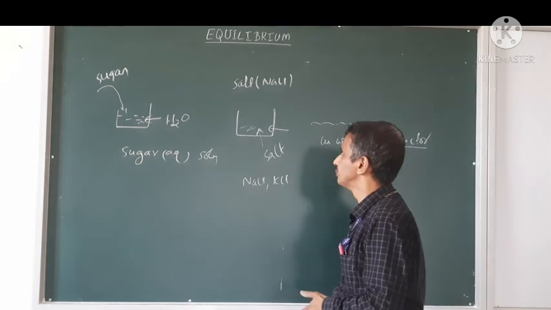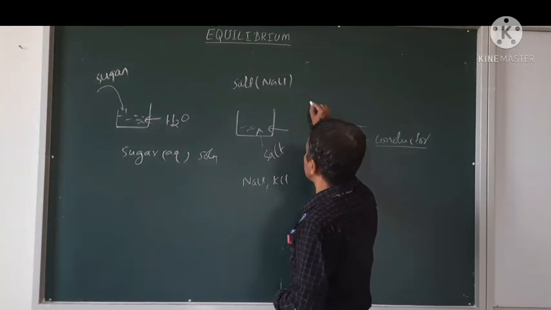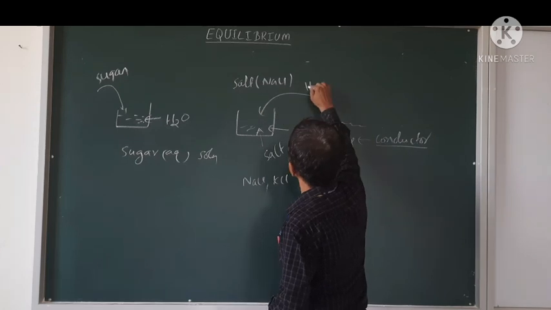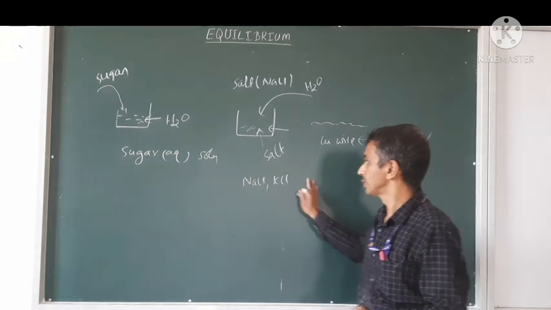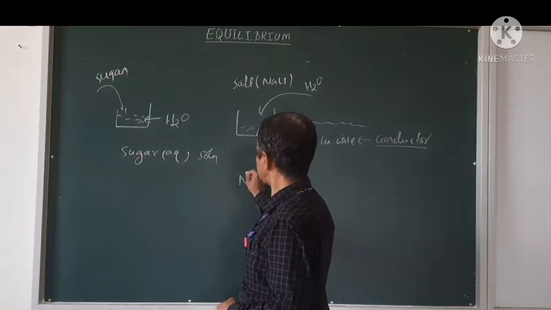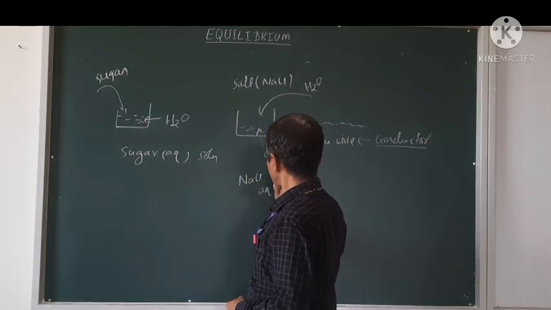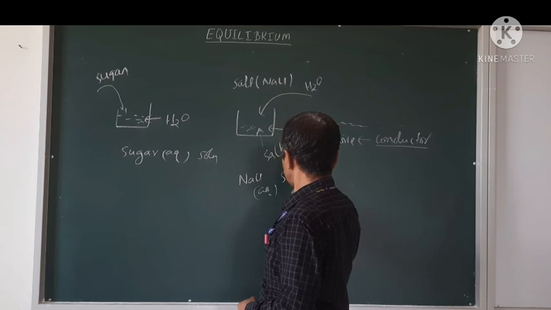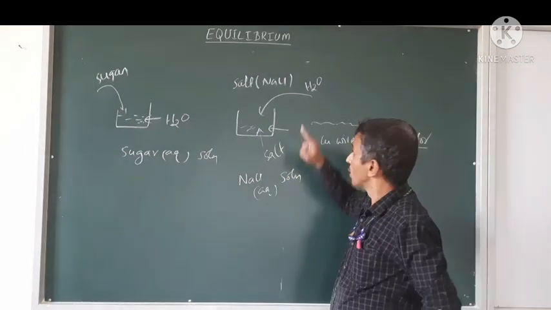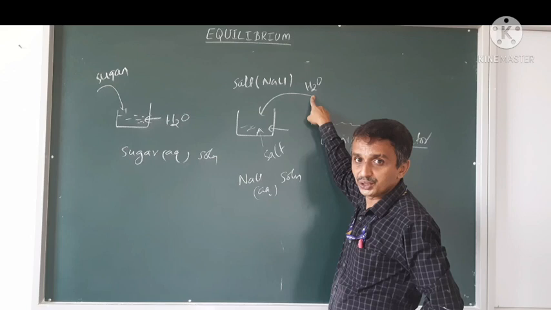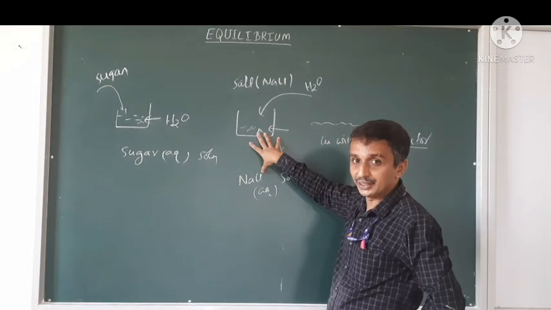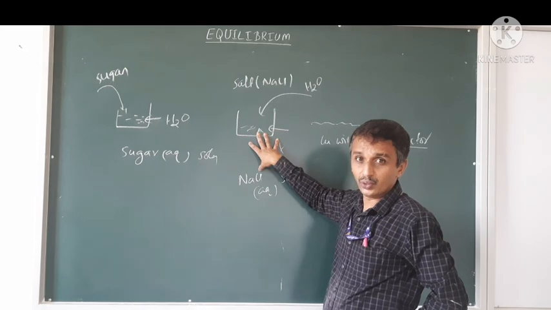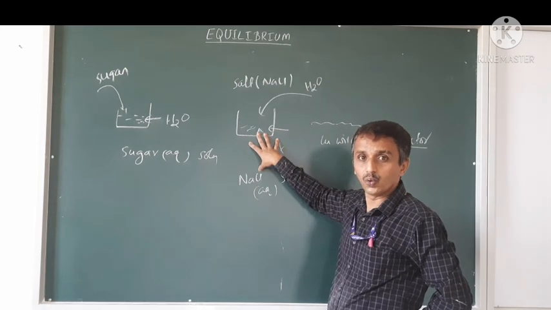Now what I do is, to this salt I will add water. What I get? I get NaCl aqueous solution. Or instead of making it an aqueous solution, I will heat it and convert this NaCl to molten NaCl.